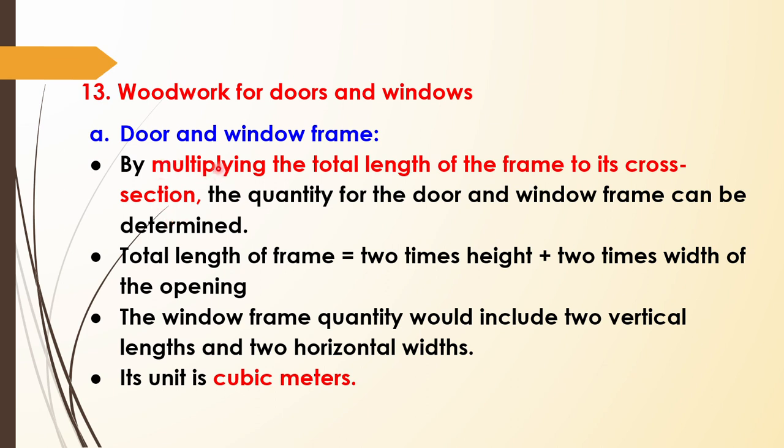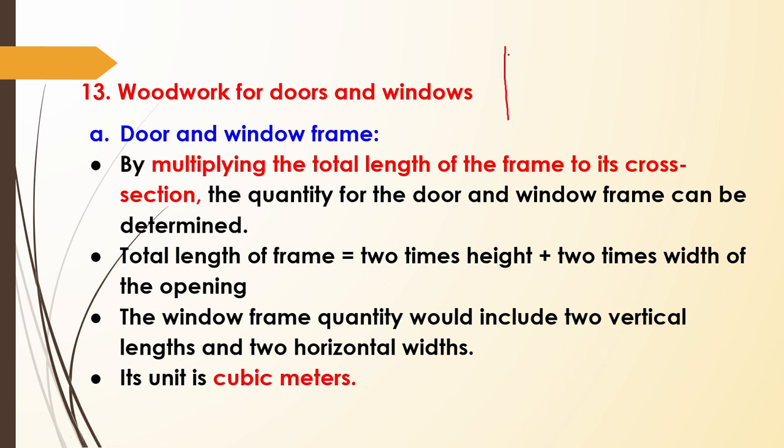For that door and window frame, the total length of the frame is multiplied by the cross section. For example, if you are taking a window, what is the total length of the frame? At the two sides there will be heights.